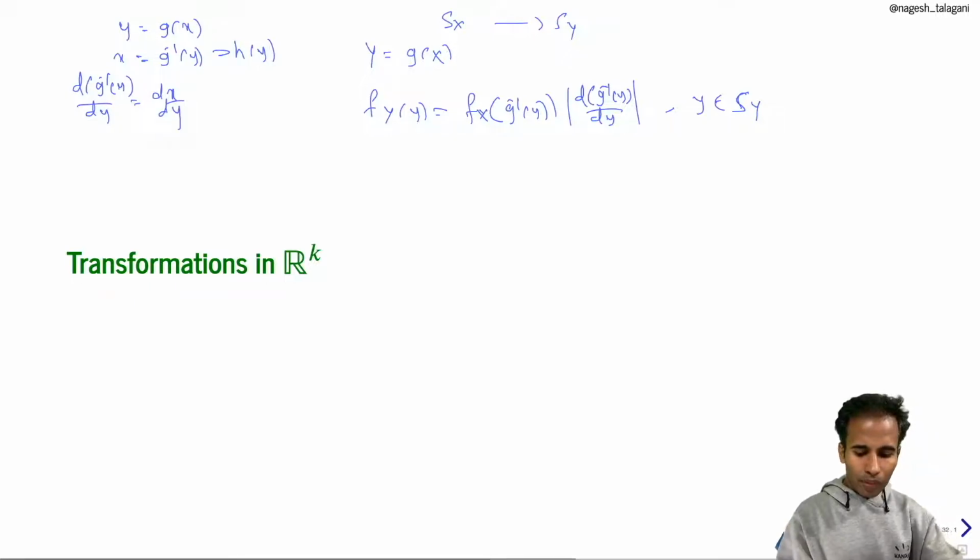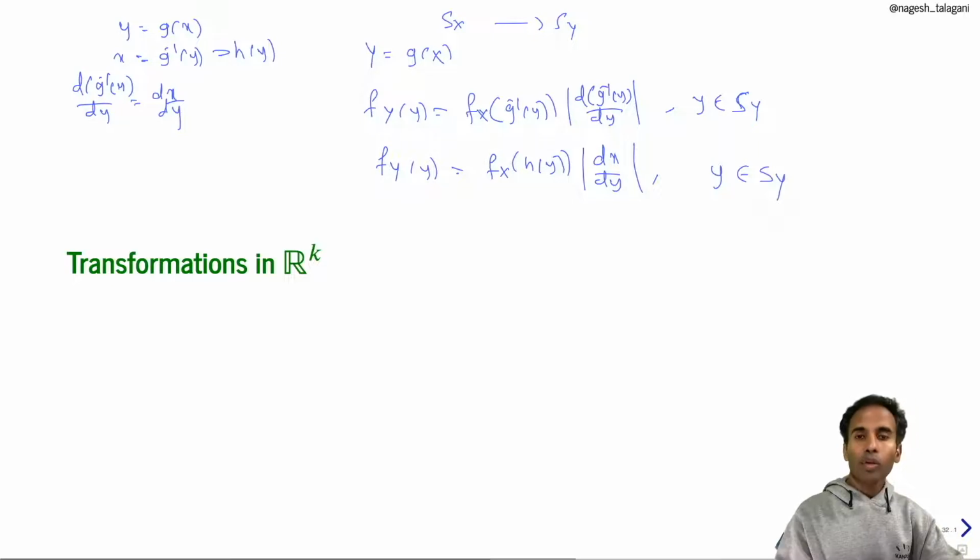So in these terms, the PDF of Y I can write as f_X of h of y times modulus of dx by dy. Here this dx by dy is the Jacobian of the transformation. Now we are going to generalize this idea to a k-dimensional random vector.